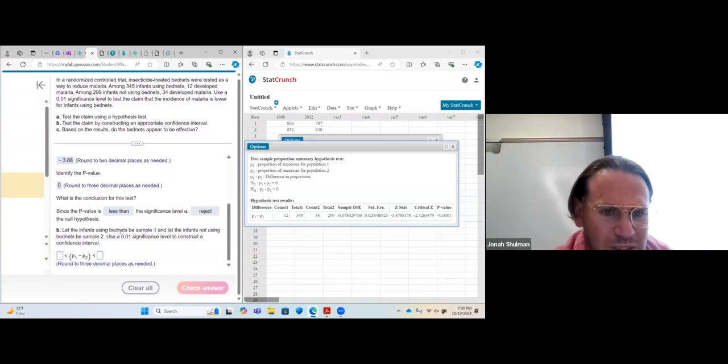Now let infants using bed nets be sample 1 and let the infants not using bed nets be sample 2. We have to make the confidence interval. Okay, so this is where we have to remember before. Two-tailed, one-tailed, we're using 0.01. Is this a one-tailed or a two-tailed? It's a one-tailed test.